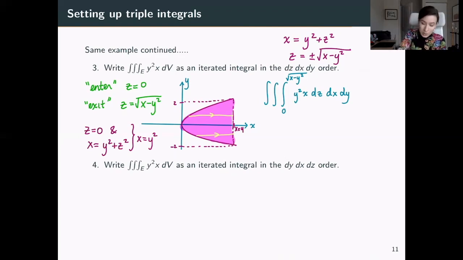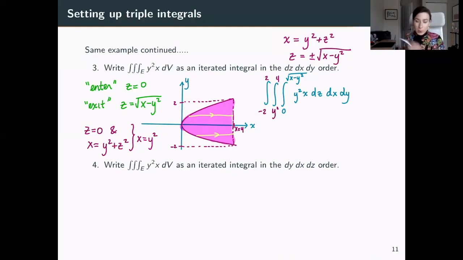So we're always going to be entering at x equal to y squared, and we're always going to be exiting at x equal to 4. So we're going to have our entrance at y squared, and we're going to have our exit at x equal to 4. And we're going to be taking this for values of y between -2 and 2.